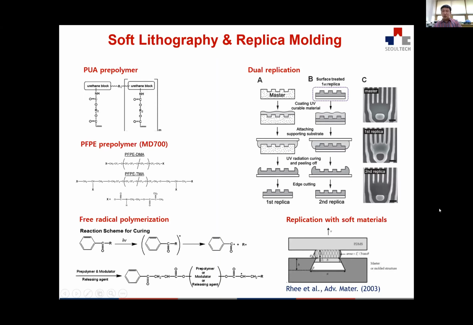After preparing the master, we get a replica mold, which, as you can see, is the inverse image. If we replicate again from the first replica, we get the same shapes as the original master structures.